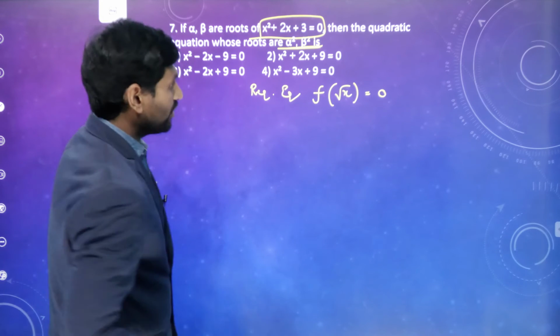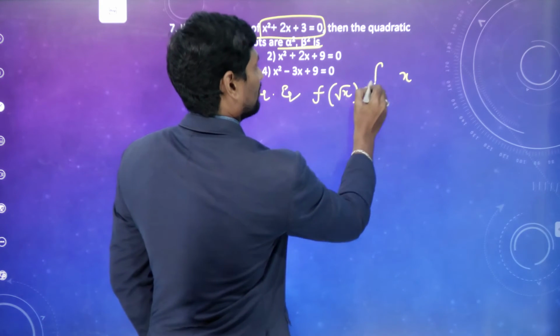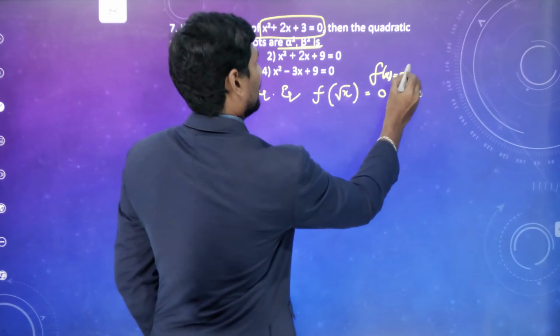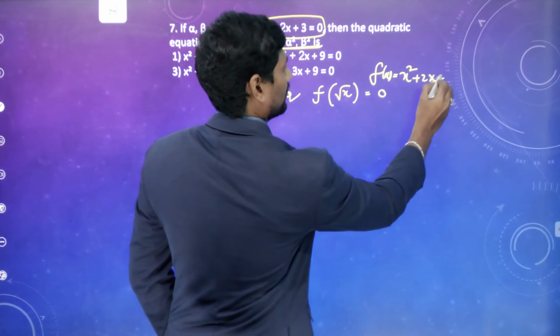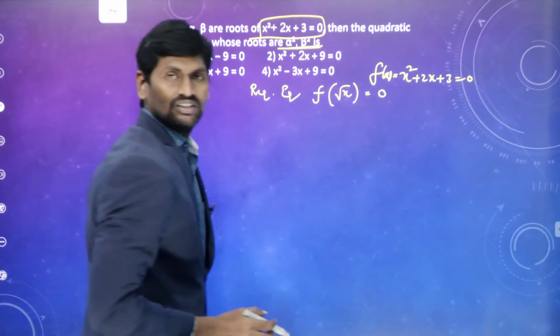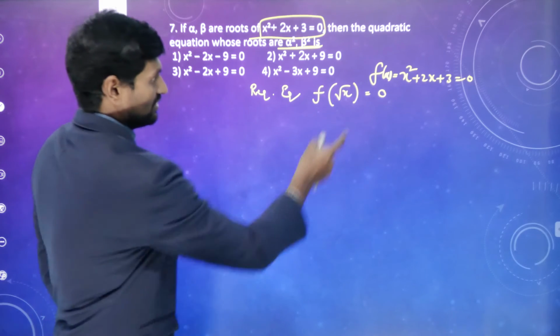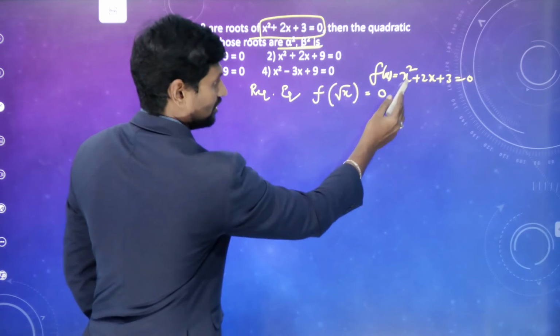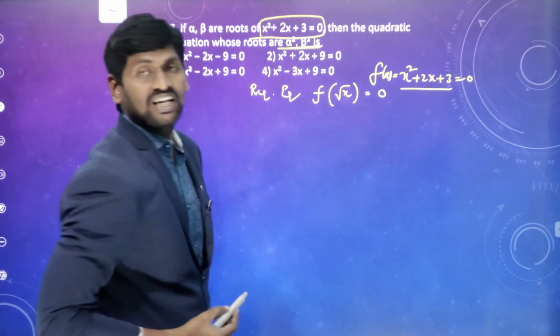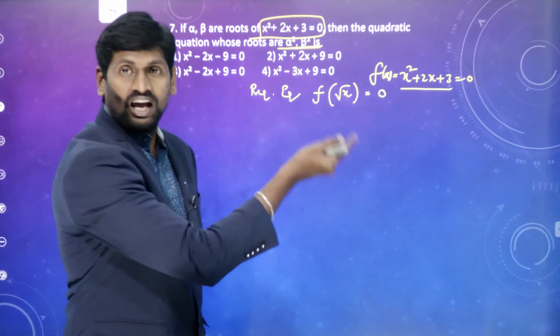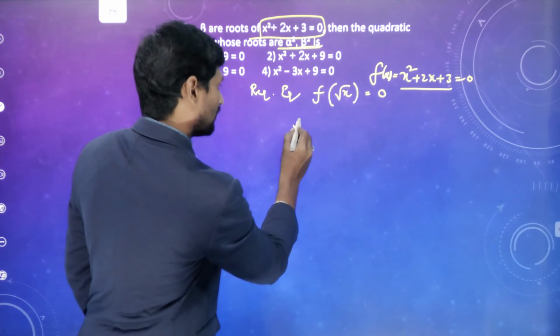But what is the given equation? This is f of x: x square plus 2x plus 3 equal to 0. So in the place of x, what have I written? Square root of x. Same condition. In the place of x in the given quadratic equation, put square root of x.